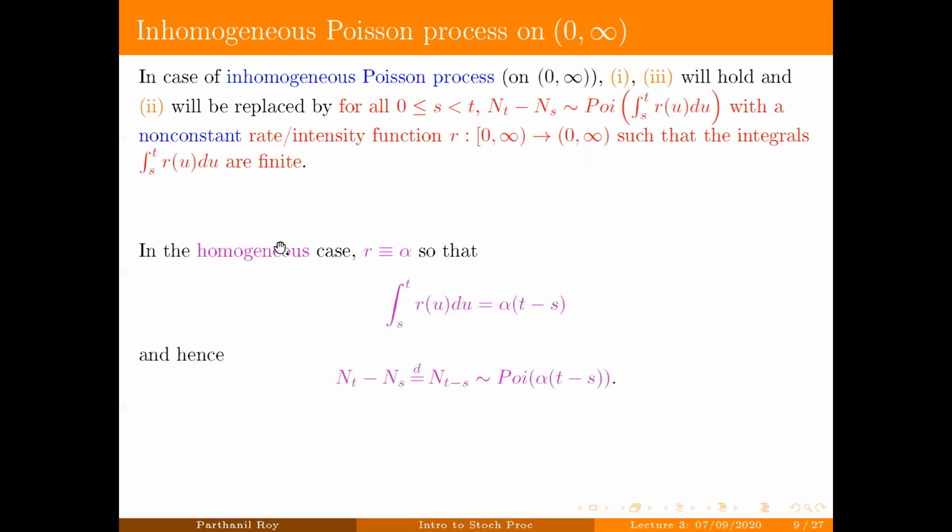In the case of homogeneous Poisson process, however, the function r would be the constant function alpha, so that the integral of r from s to t just becomes alpha times (t minus s), and therefore the difference N_t minus N_s will follow Poisson with parameter alpha times (t minus s).